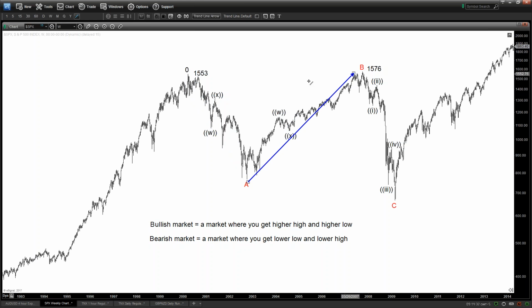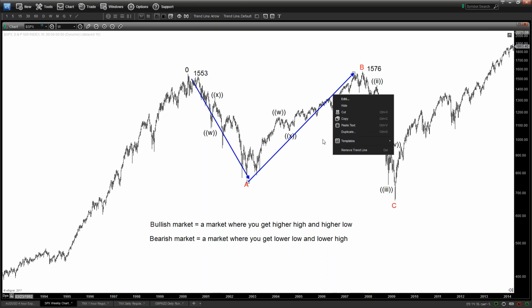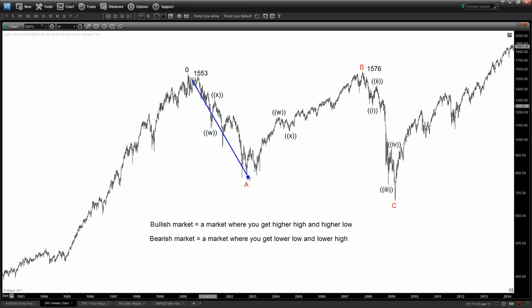So you can say, okay, it can be an expanded flat. So as long as the second swing is a deep retest or a marginal high, you can always get a case of a flat. Okay, so in this case, it's really a flat. You can see, from here, we got 3 waves down, 3 waves up, strong impulsive 5 waves down.